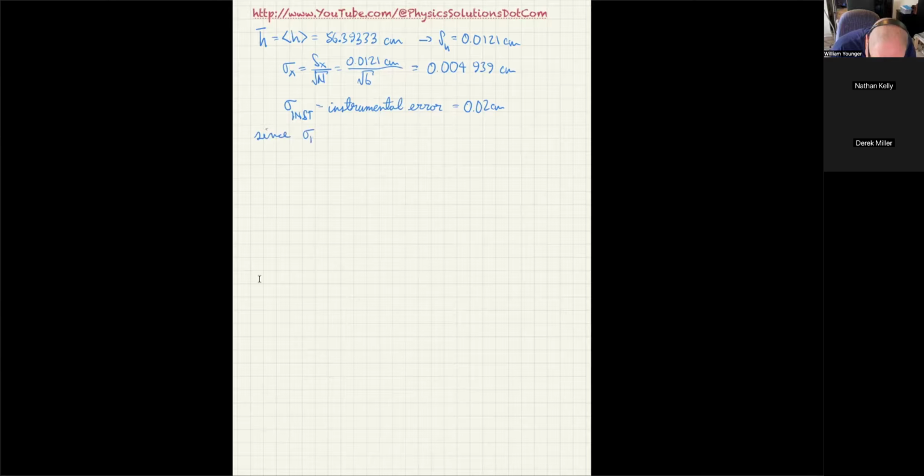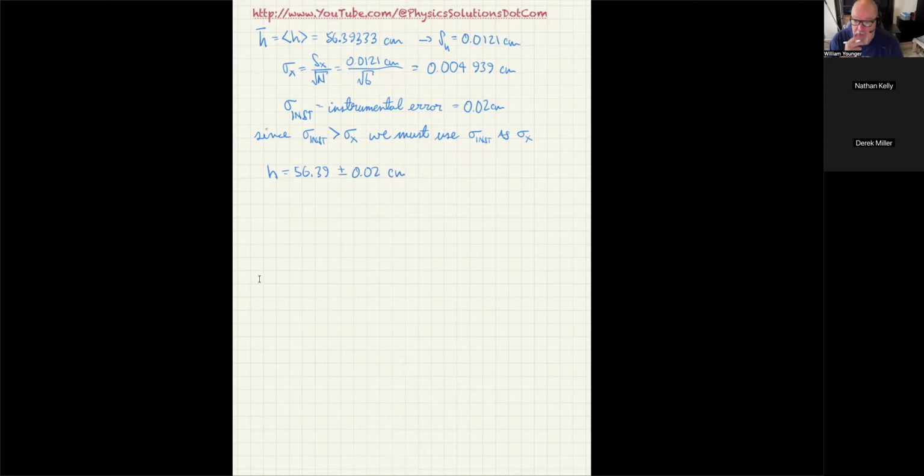So since sigma instrument is greater than sigma x, we must use sigma instrument as sigma x. And that means in this case, we'll report h is 56.39 plus or minus 0.02 centimeters.